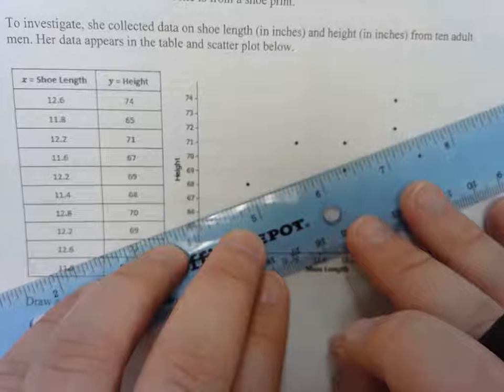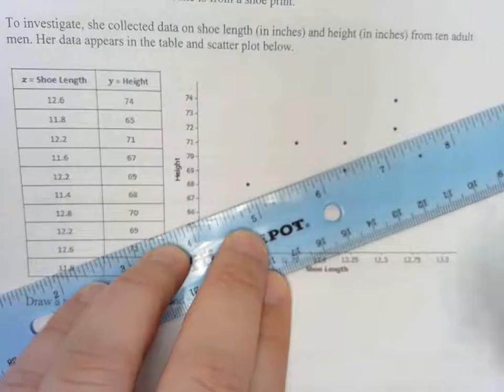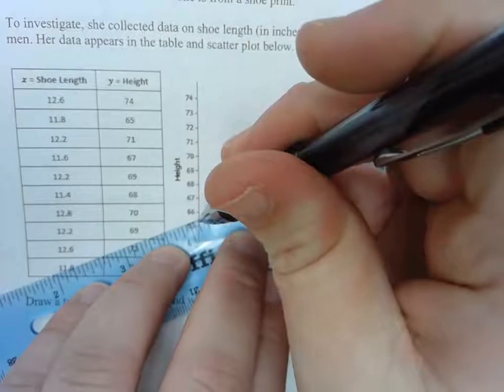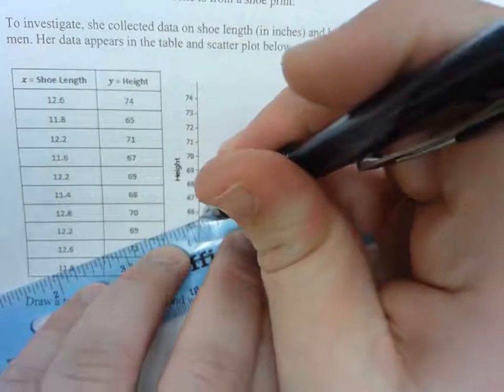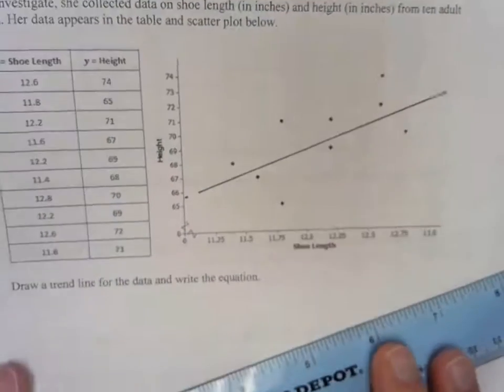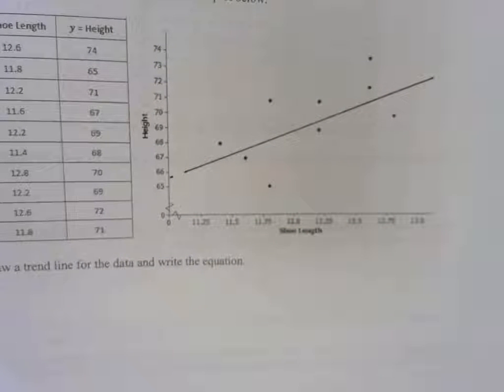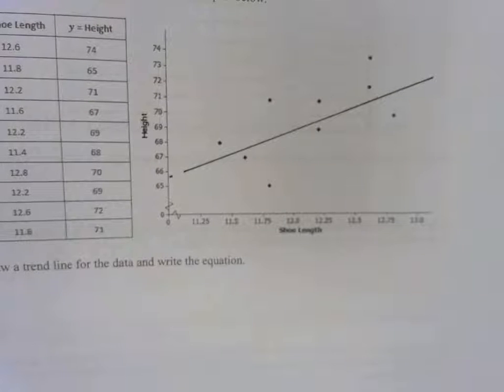So something like this. It won't be perfect, but it will be close enough. Okay, I'm drawing a trend line. Trend line and line of best fit are basically the same thing. So I'm trying to get a line that is in the middle of my data points.